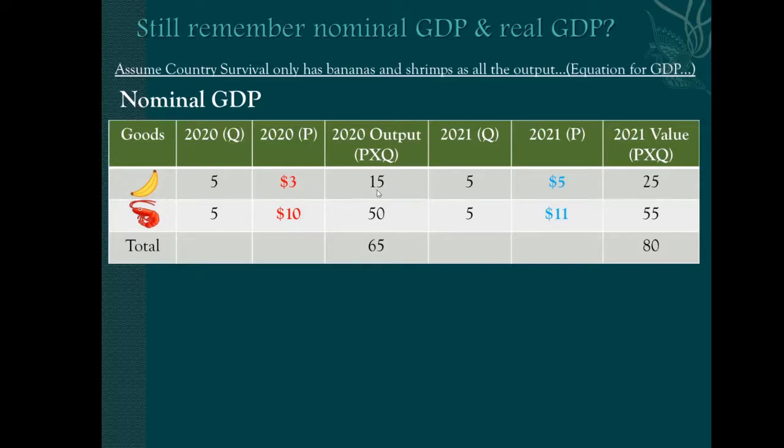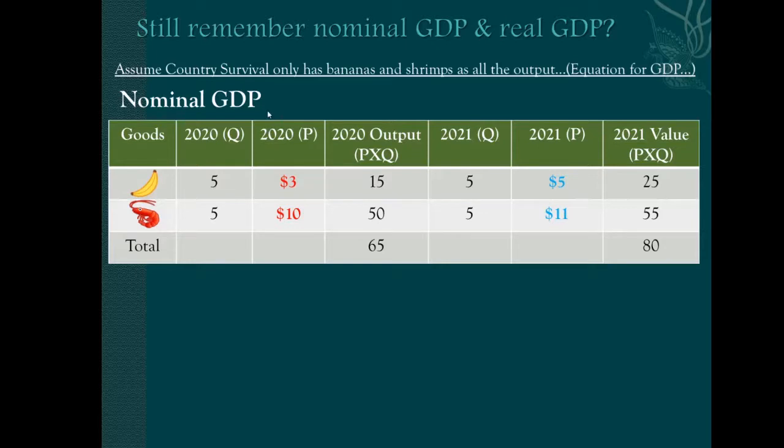These are the values, the total value, the total output. And in 2021, you see the price has changed. Now the bananas cost $5, and the shrimps cost $11.